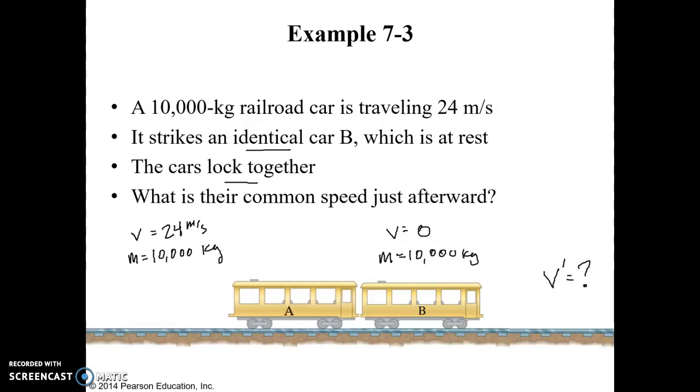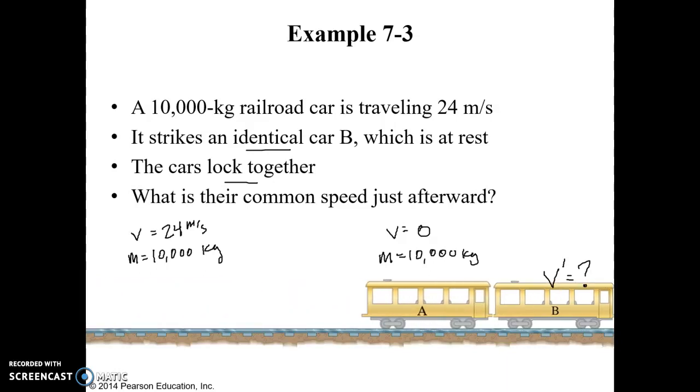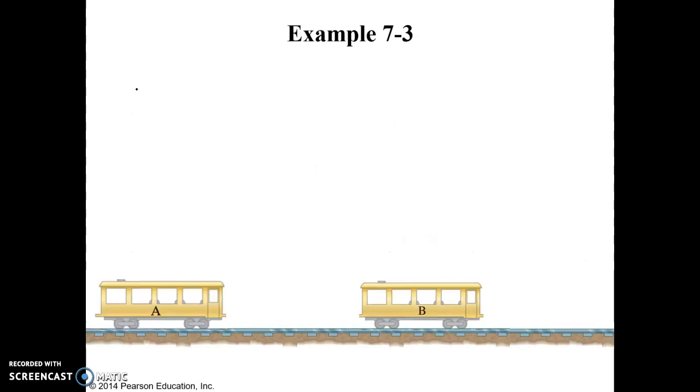Okay, so we've got a little animation to show that they'll collide, they'll stay together, and then they'll have some final velocity. So we know that the momentum is going to be conserved. So m_A v_A, that's the momentum of car A, plus m_B v_B, that's the momentum of car B. So before they collide, that's the total momentum, just adding the momentum of each of these cars.